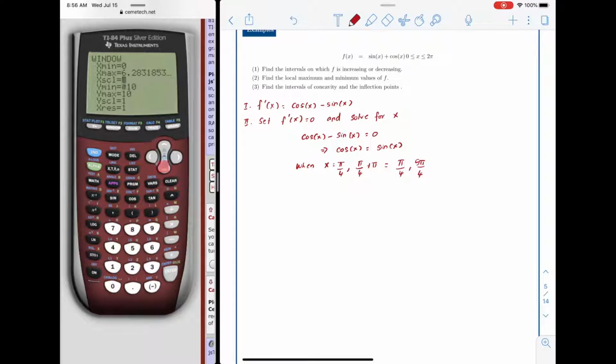And we know that sine and cosine reach a maximum of 1 and a minimum of -1. And that is what we have. Now we can graph it, which we did, and we can trace to find the 0.